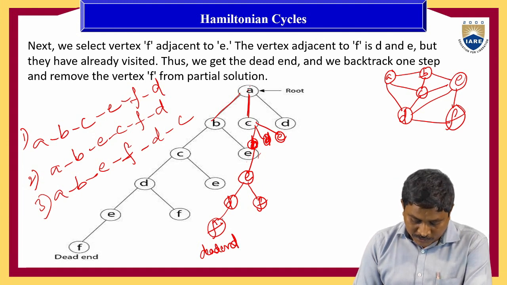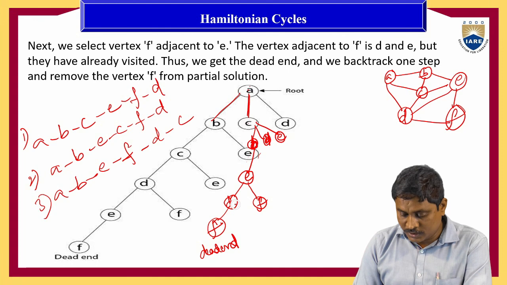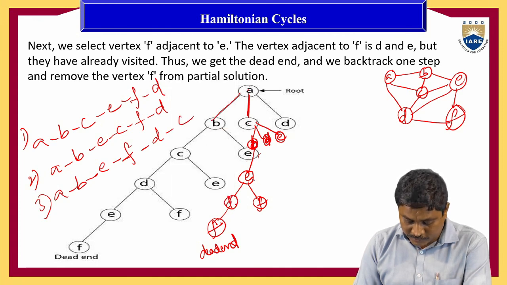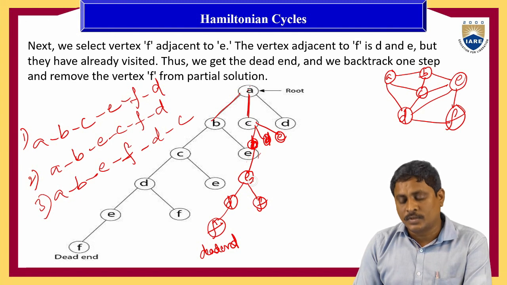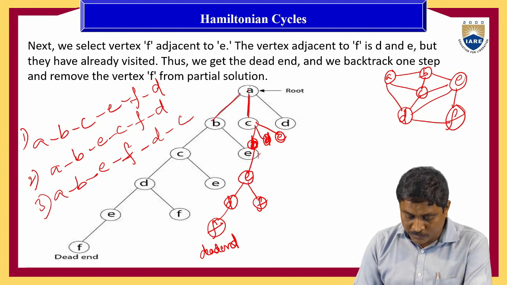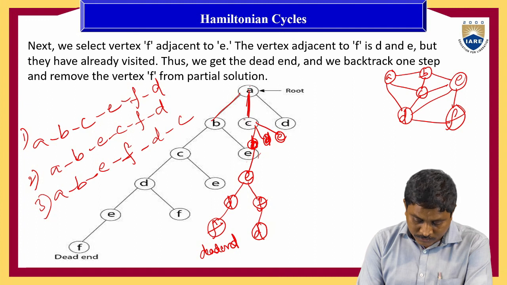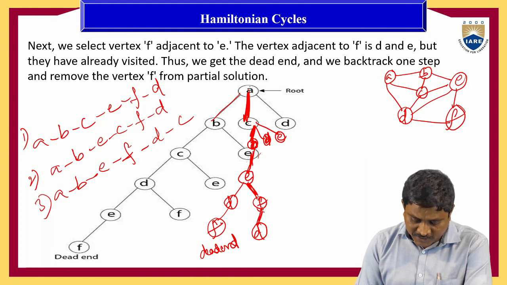Next here come back to D. D is adjacent to C. D adjacent to E. Already all these are repeated. Again come back to E. A to B, B to E, E to F, F to D, D to A direct route is there. So now here in this path, we observe that each and every vertex repeated only once and again you come back to the starting point.